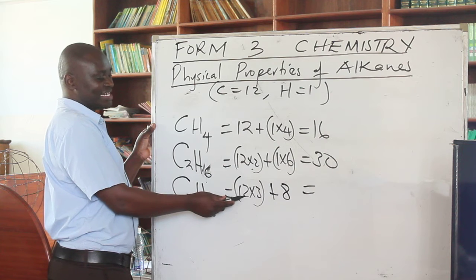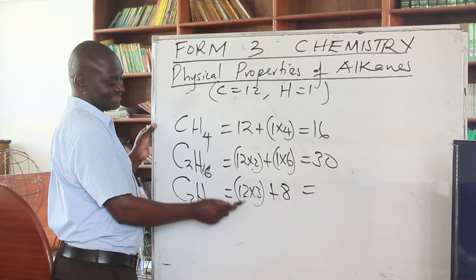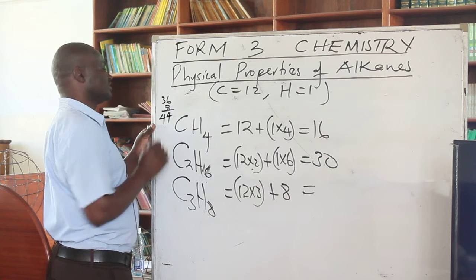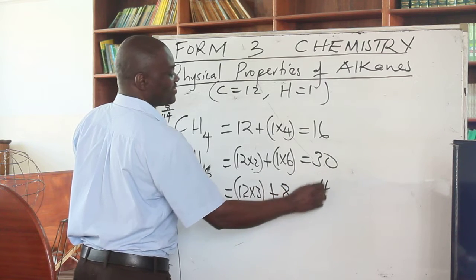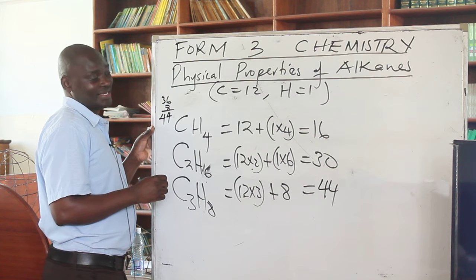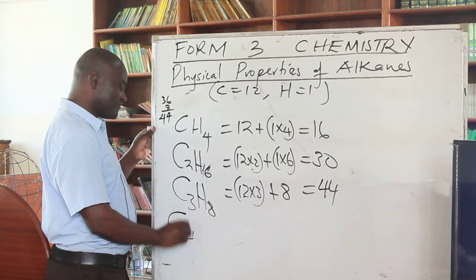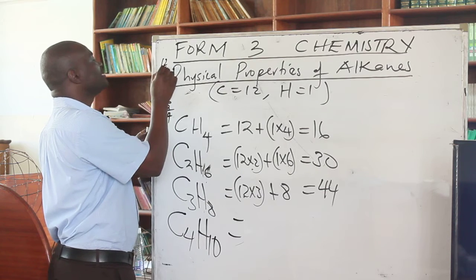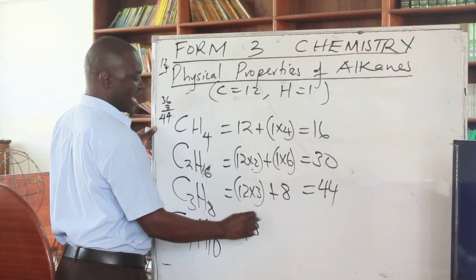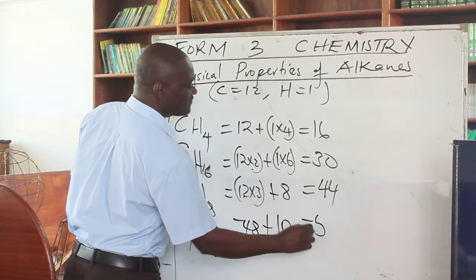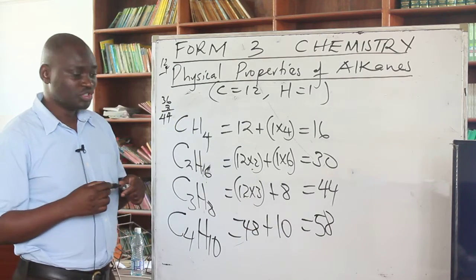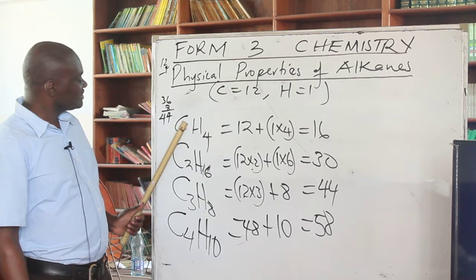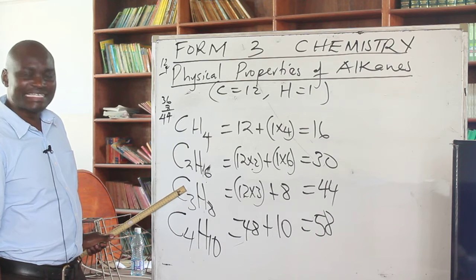This is 36, 36 plus 8 is 44. Then when we come to C4H10, it will be 12 times 4, which is 48, plus 10, 58.